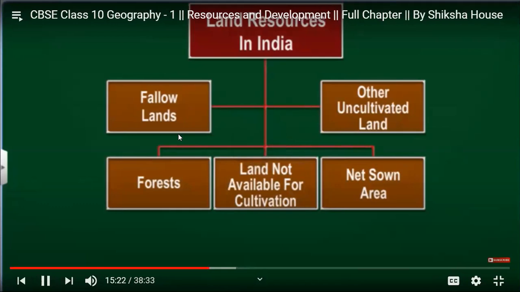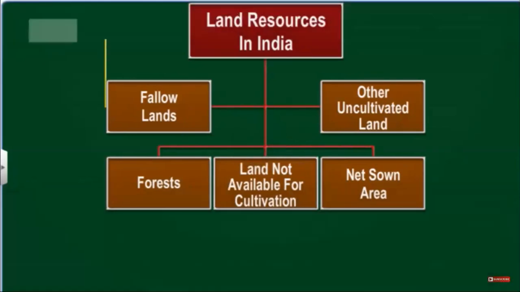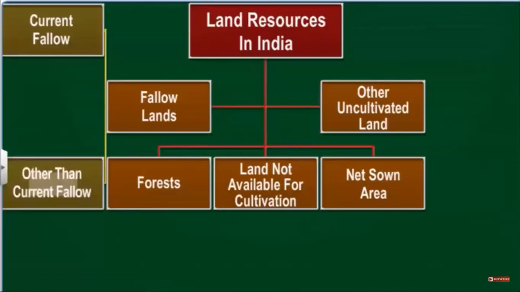Fallow land can be further divided into current fallow, which is land not cultivated for 1 or less than 1 year, and other than current fallow, which is land that has remained uncultivated for 1 to 5 years.